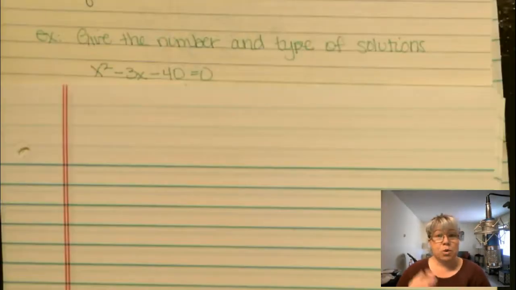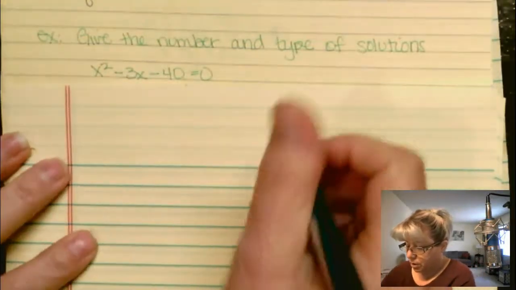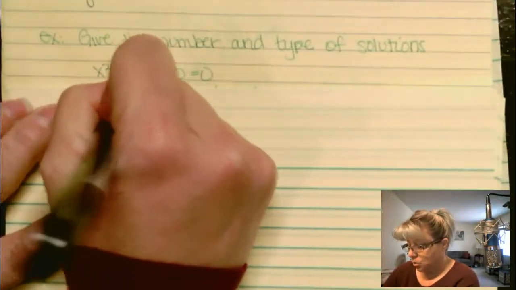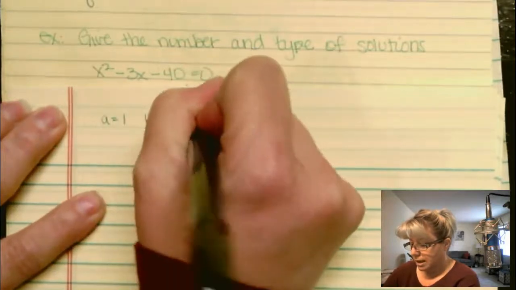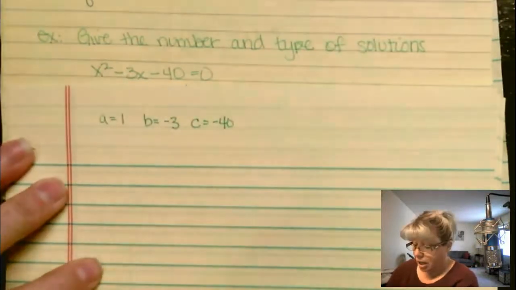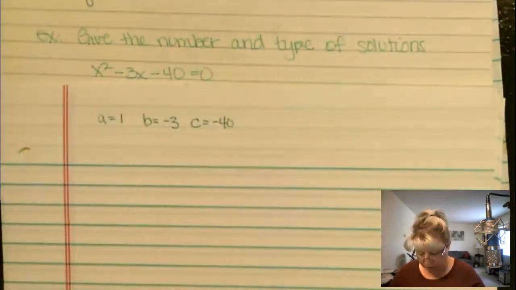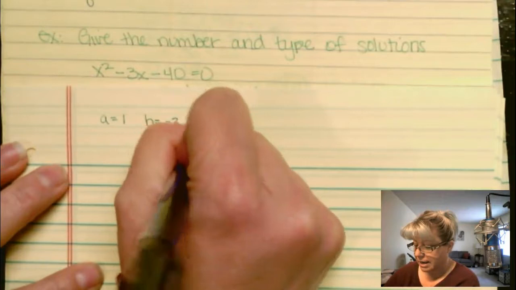Let's take an example, work with the discriminant, and figure out the number and type of solutions. x squared minus 3x minus 40 equals 0. Well, when using the quadratic formula, a will equal 1, b will equal negative 3, and c will equal negative 40. Now I just want to look at the discriminant here, which is b squared minus 4ac.